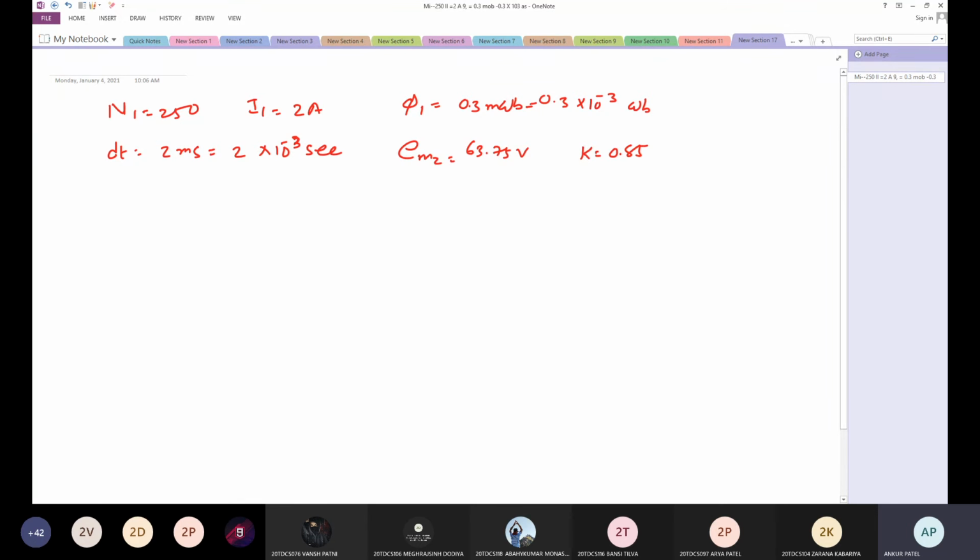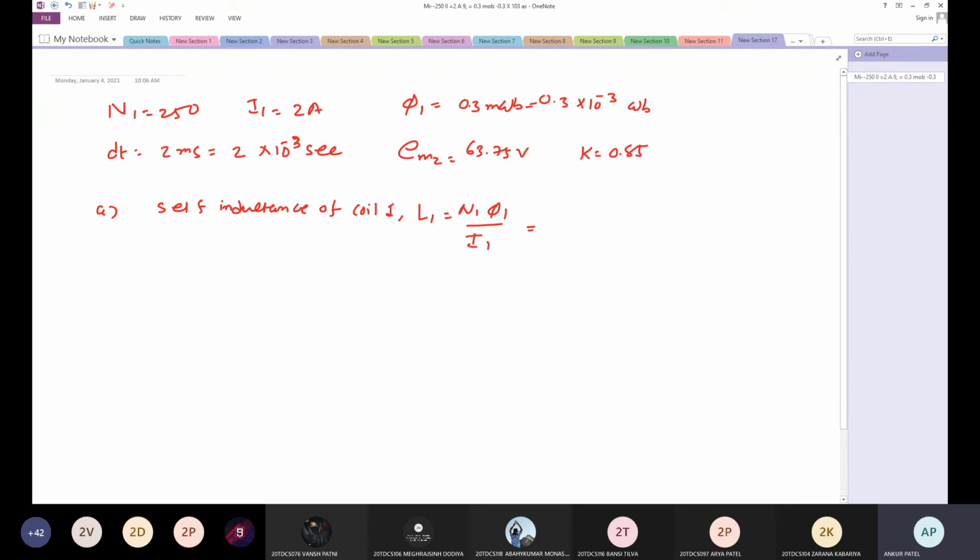Okay, so first find out self inductance of coil 1, L1 equal to N1 Phi 1 by I1.